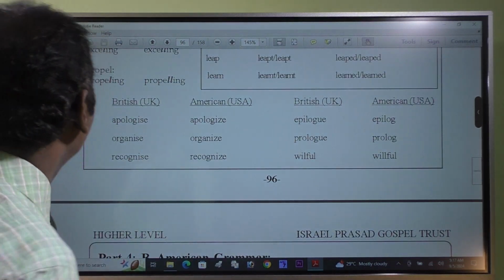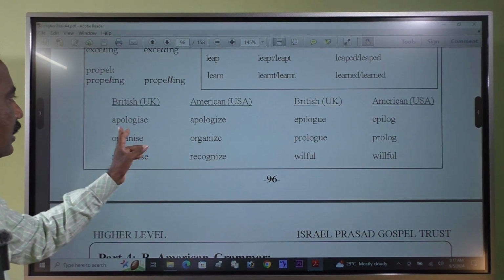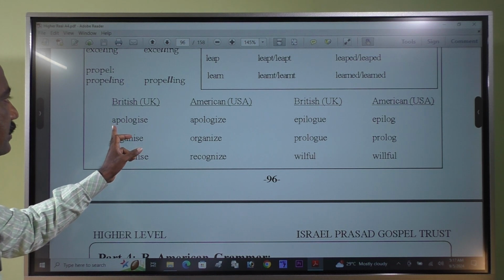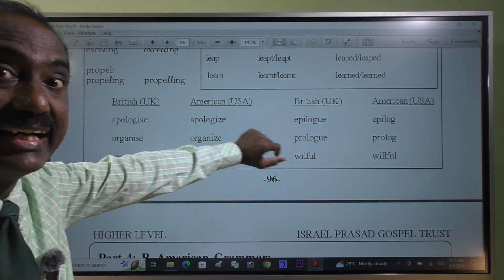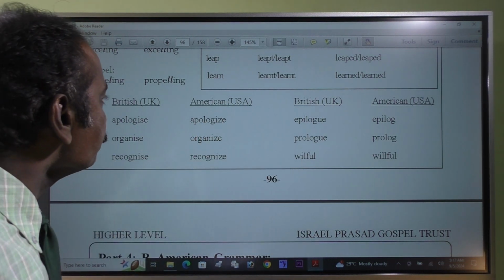British and American English: apologise, Britishers use S, but Americans use Z at the end of the word.